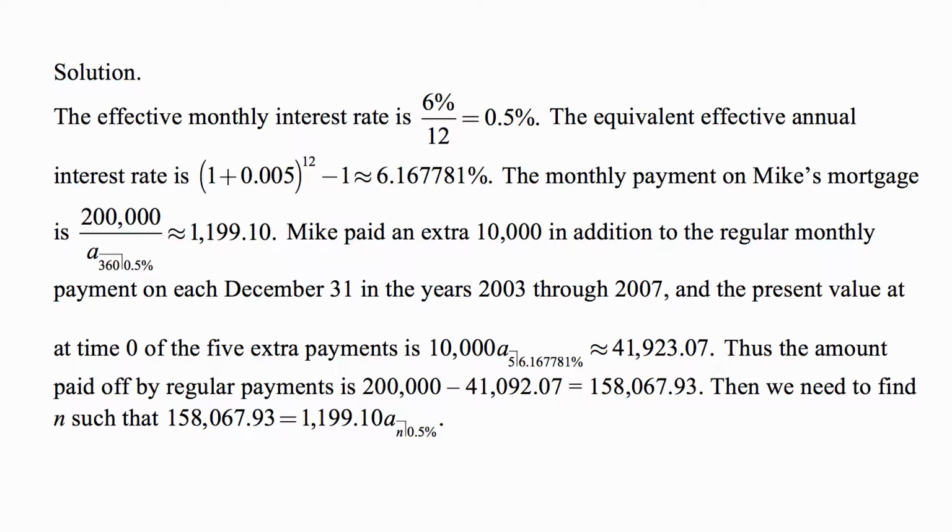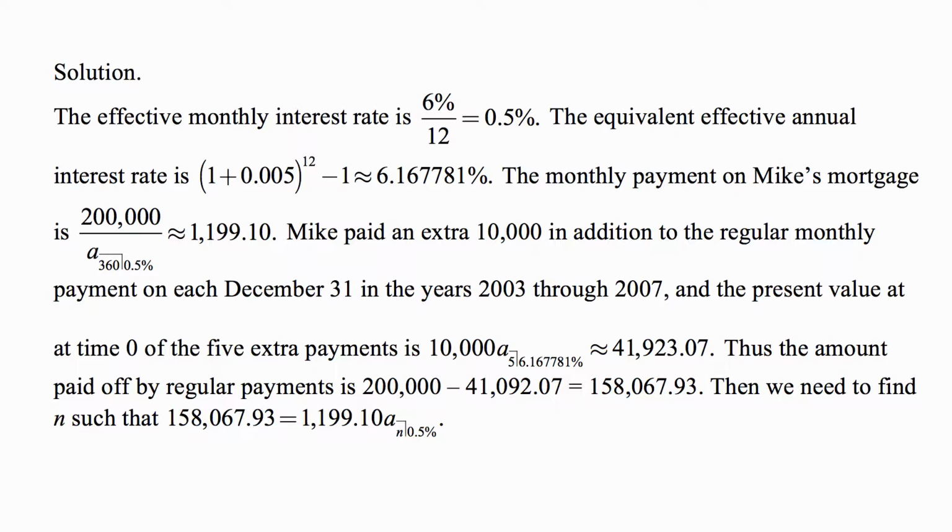The monthly payment on Mike's mortgage is $200,000 divided by a angle 360 at 0.5%, and that's approximately 1,199.10.